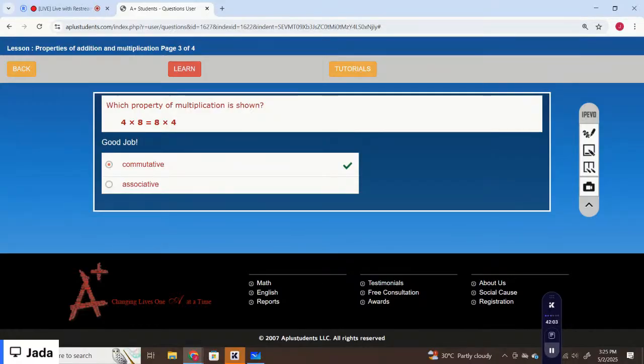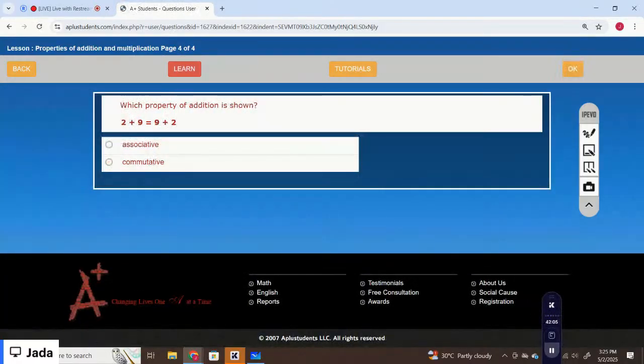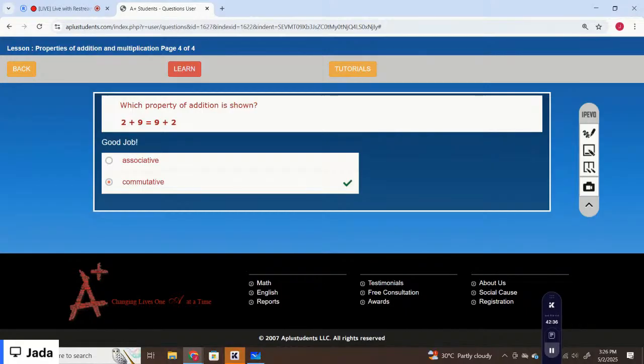Option number one is the correct option. Which property of addition is shown? That is again the commutative property. Option number two is the correct option.